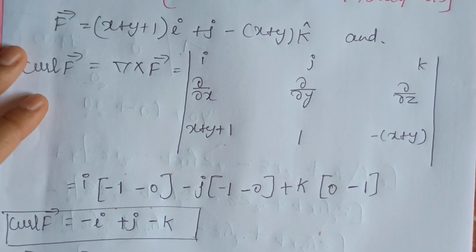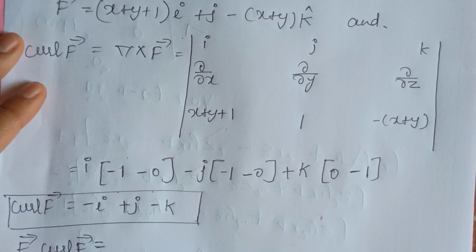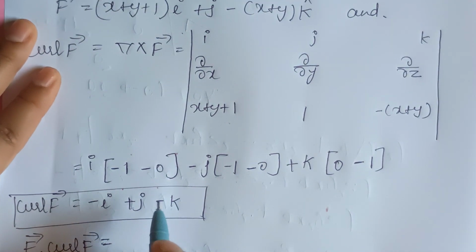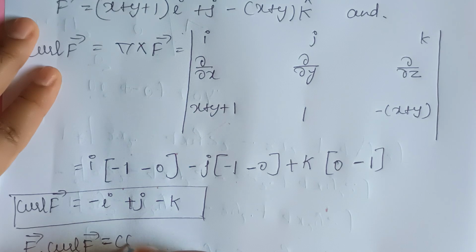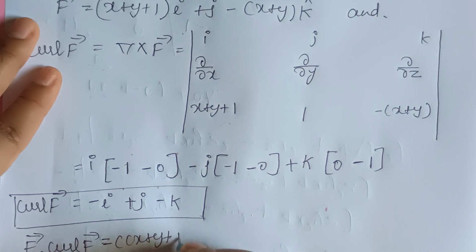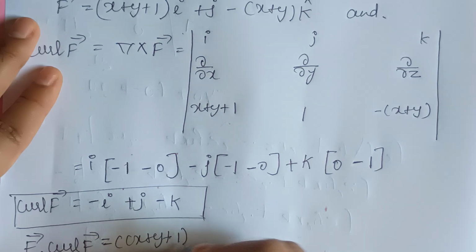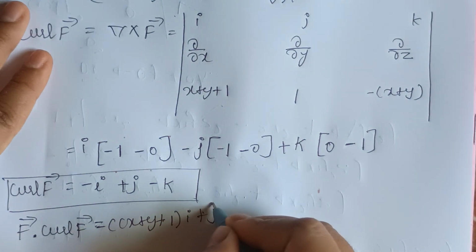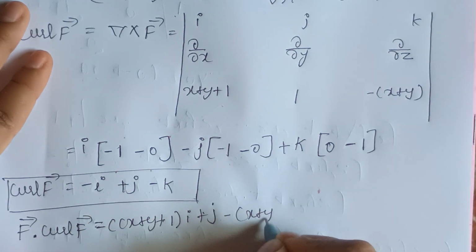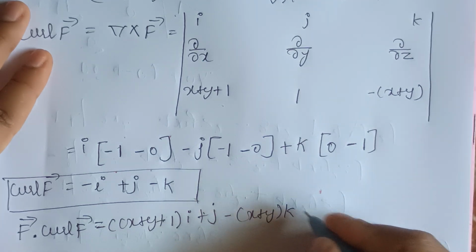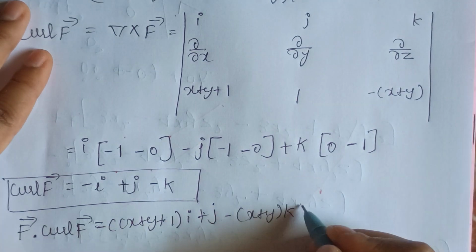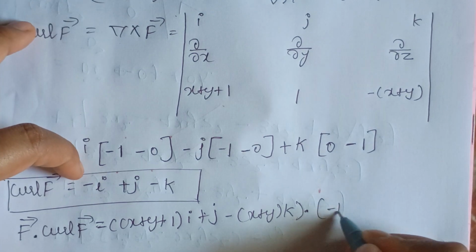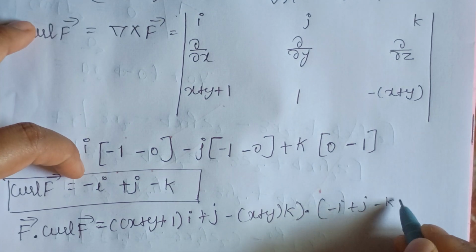We get (x plus y plus 1) i plus j minus (x plus y) k, dot minus i plus j minus k.